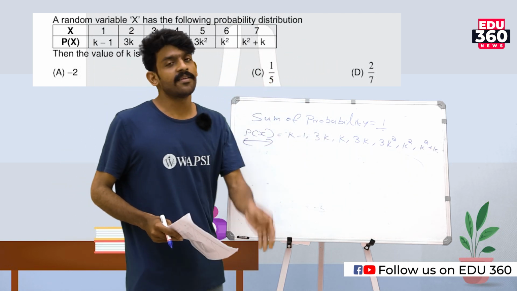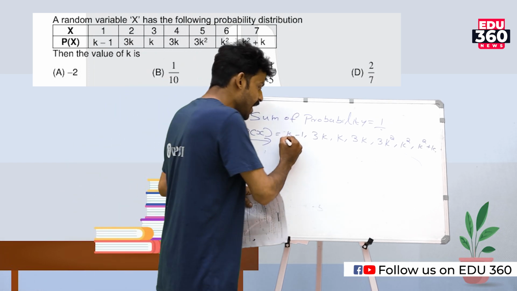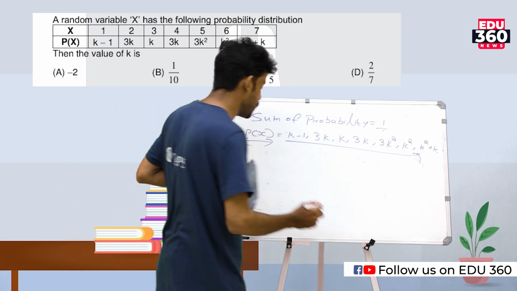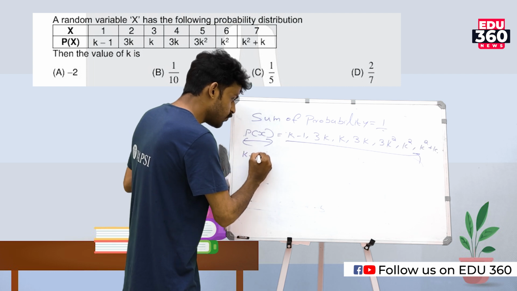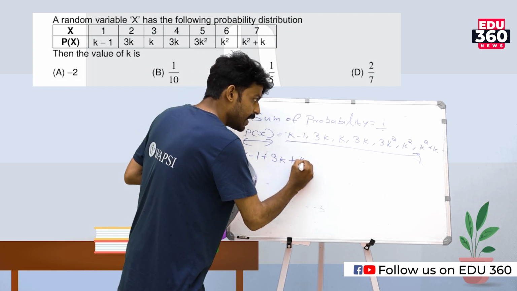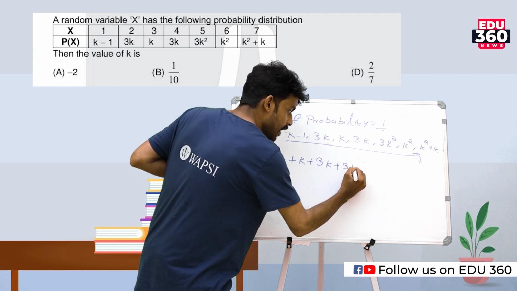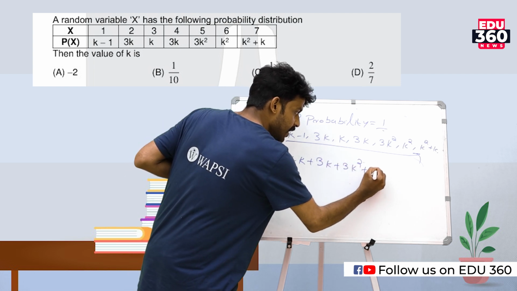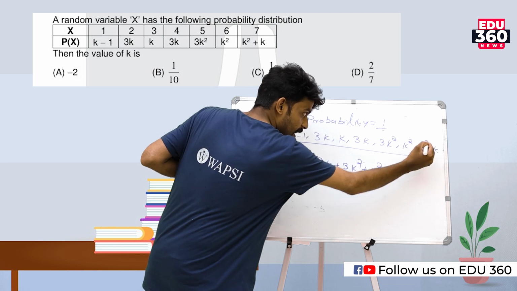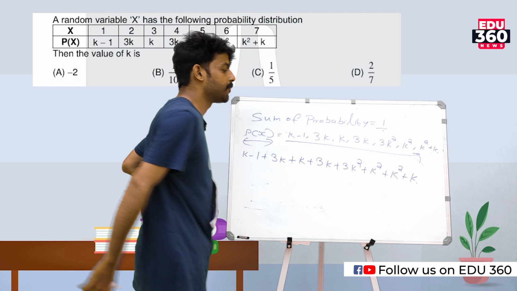Okay, so we know that the sum of probability is 1. So in the next step, we can just add this. That means k minus 1 plus 3k plus k, again 3k plus 3k square plus k square, and the last one, k square plus k.